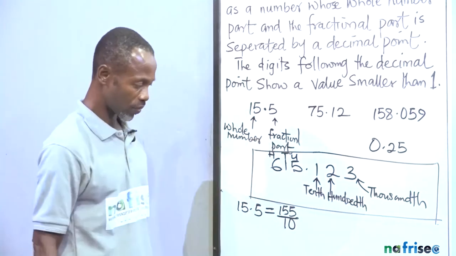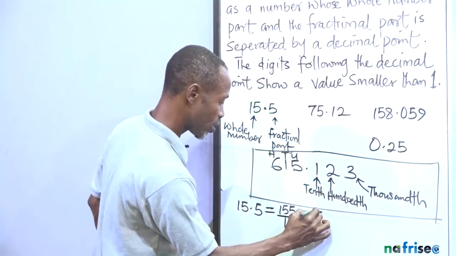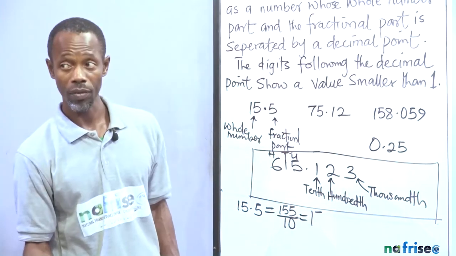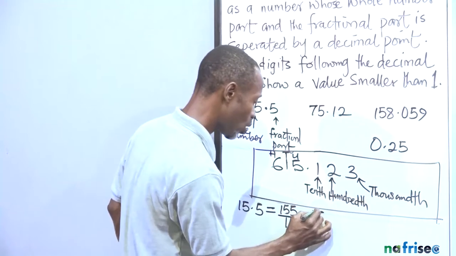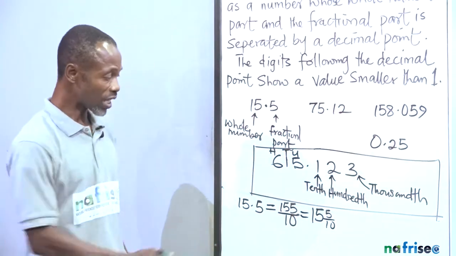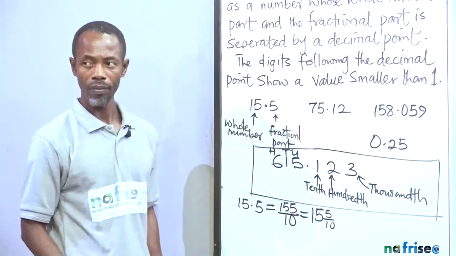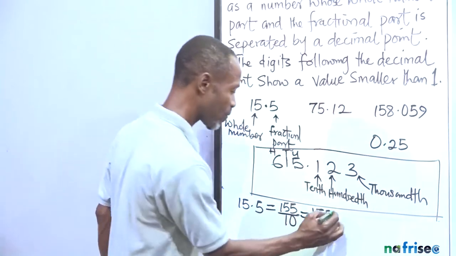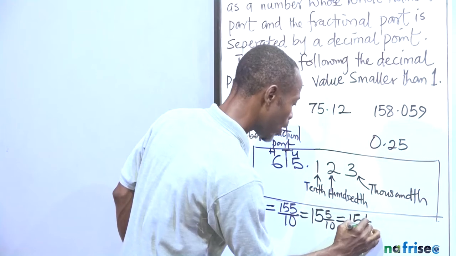So what you have here becomes 15, because 10 can divide 150, that's 15. So you have 15 whole number, 5 over 10. So 5 over 10 is less than 1. Well, 5 over 10 is still the same as half. So what you have becomes 15 whole number, 1 over 2.